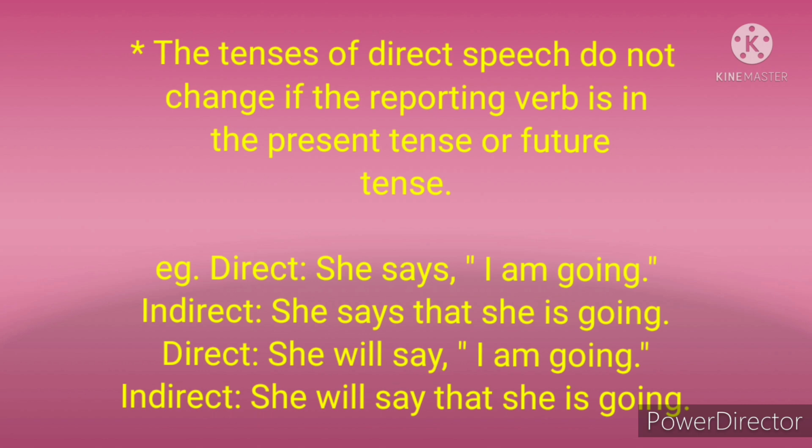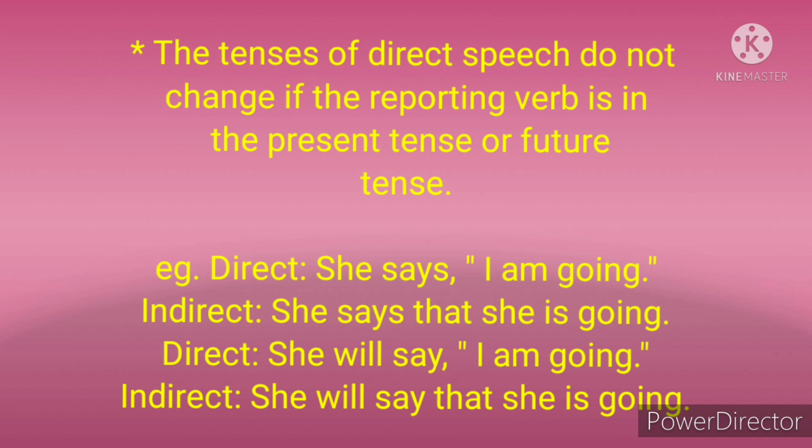Look at the next example. Direct speech. She will say, "I am going." Here, "will say" is future tense. According to this rule, if we have the reporting verb as future tense, the reported verb should not be changed. So, it remains unchanged in the indirect speech.